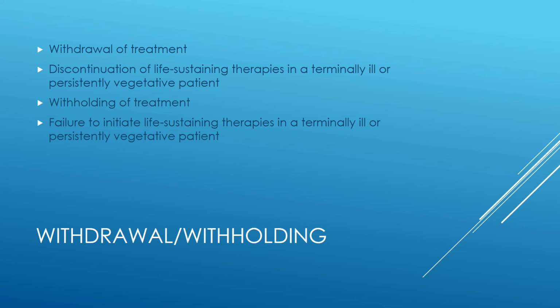The withdrawal of treatment is discontinuation of life-sustaining therapies in a terminally ill or persistently vegetative patient. Withholding of treatment is failure to initiate life-sustaining therapies in a terminally ill or persistently vegetative state. So those two things are very similar, but they are different. Withdrawal, we are going to discontinue something that's already started, and withholding, we're just not going to do something that we might normally do if the person was going to survive.